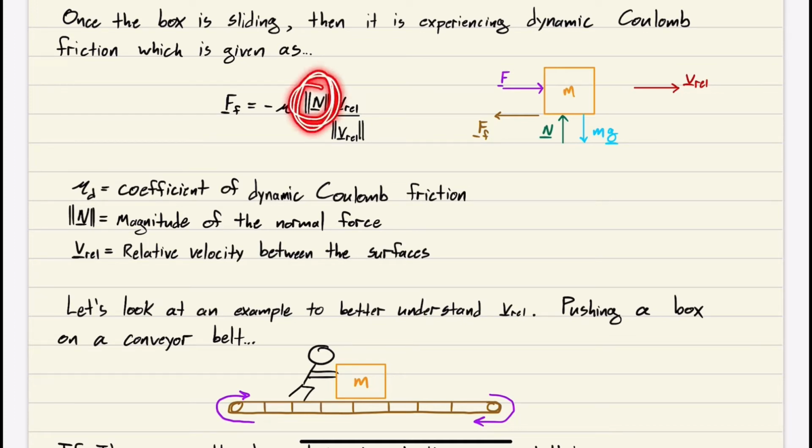This is kind of the key of Coulomb friction: the magnitude of N is what determines how big this F is, right? It really doesn't matter how fast the surface is sliding. It matters how big the normal force is. This is going to be different from viscous friction when we look at that, but just keep that in mind.